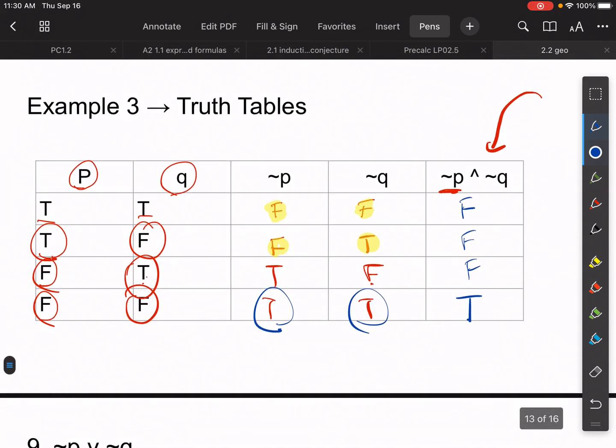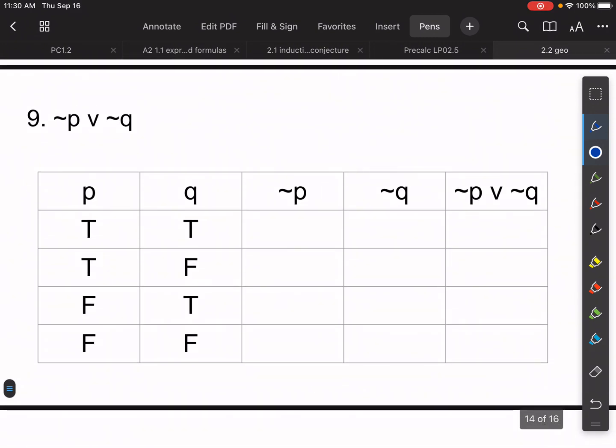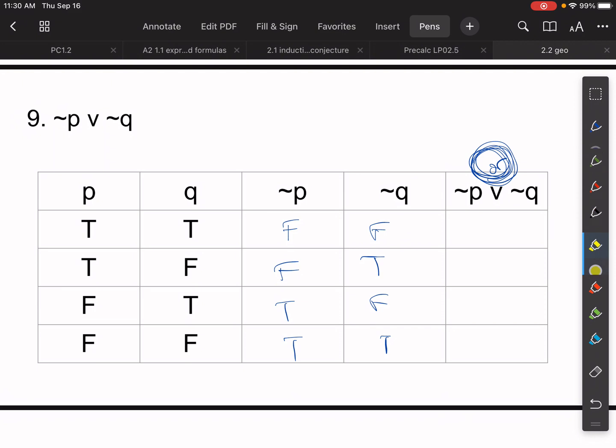All right, so go ahead and try out number 9 here. This is an or statement, so this would be false, false, false, true, true, false, true, true. If either part of this is true, then we're going to say that the whole thing is true. The first one, they're both false, therefore this is a false statement.